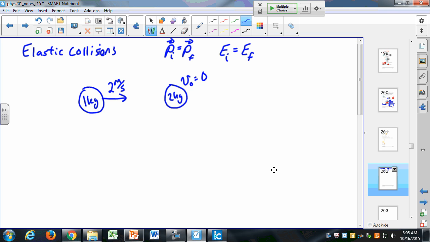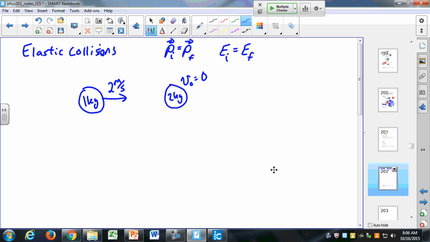They undergo an elastic collision, which means they just bounce off one another really well. You can think of them as billiard balls, some honking billiard balls. Maybe they have electric charges on them and they bounce off one another, but anyway, they collide elastically so that no energy is lost.